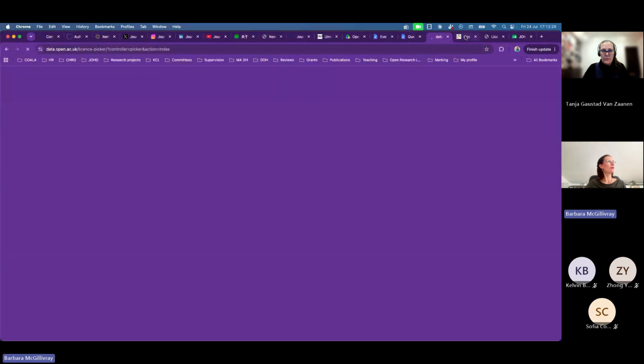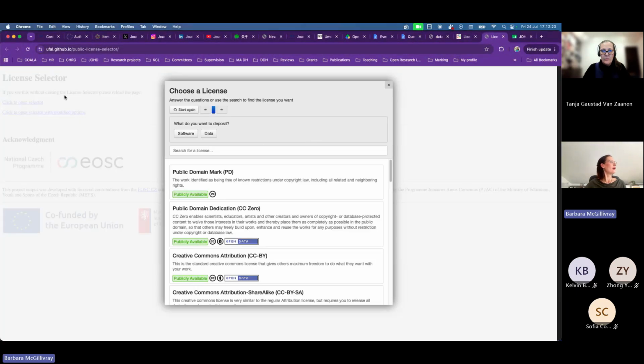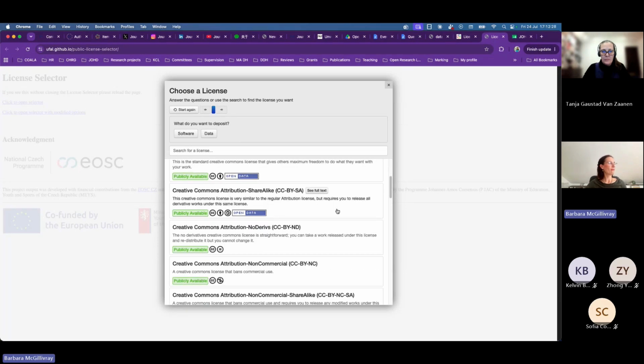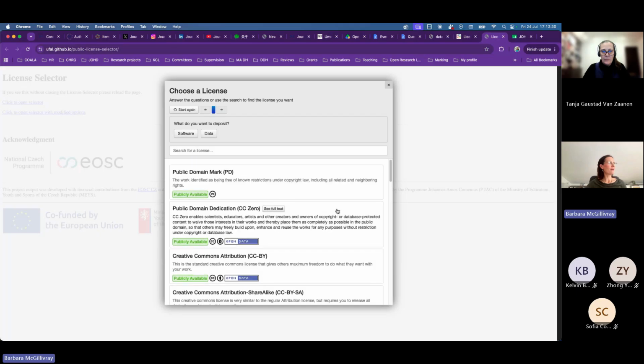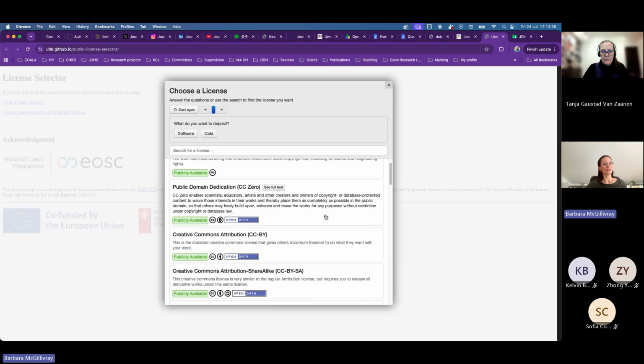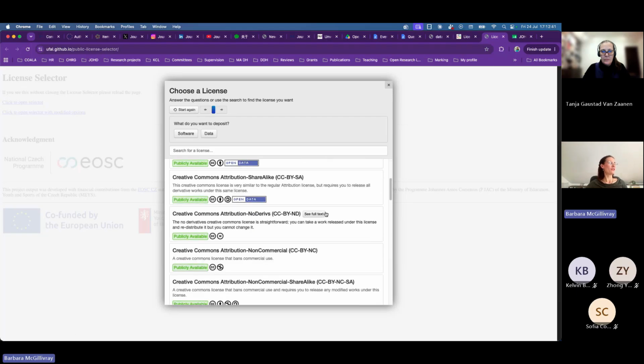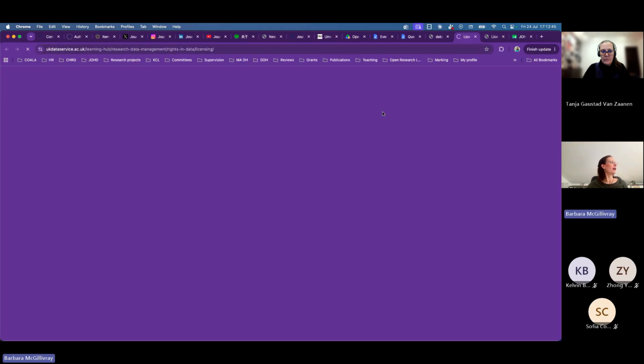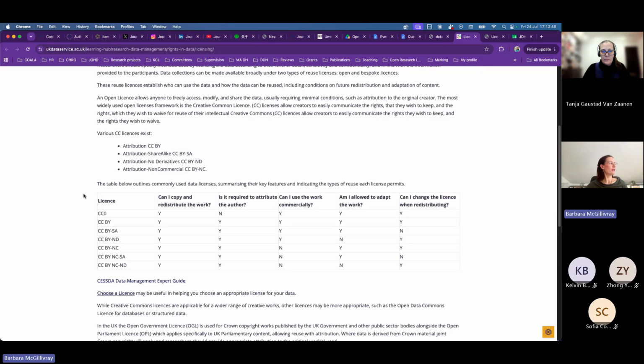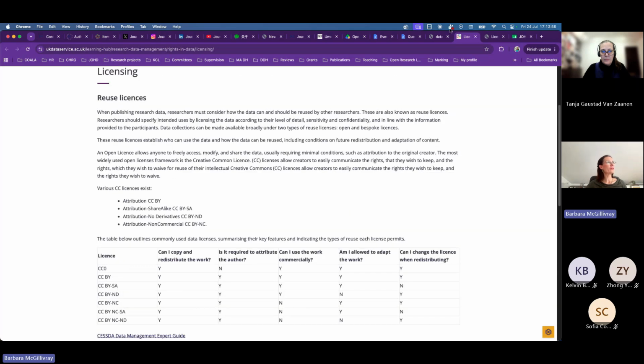Let's see. So this is the license selector from GitHub that shows you different options for licenses, depending on any restriction you may want to apply on how the data is shared further, attributed, or used in a commercial context. And then we have an overview here from the UK Data Service website that explains the different options.